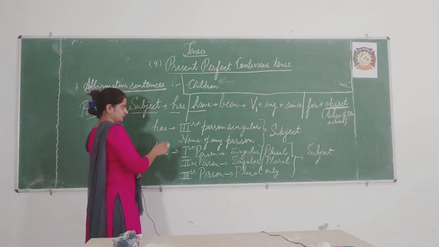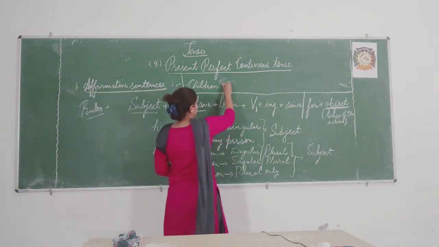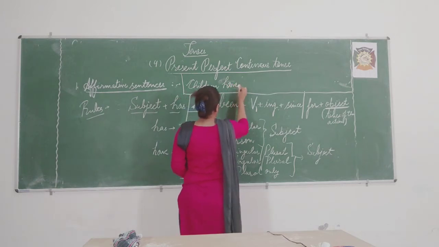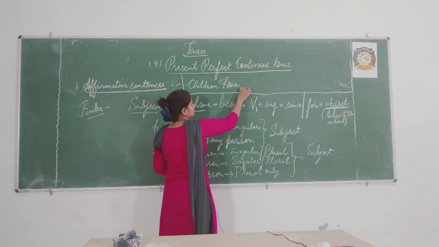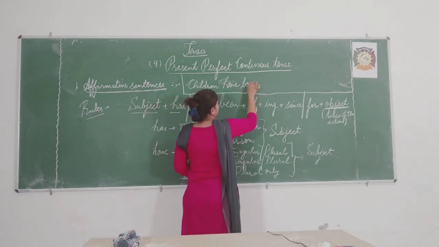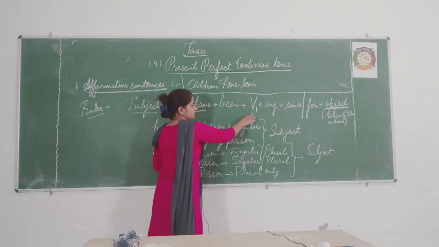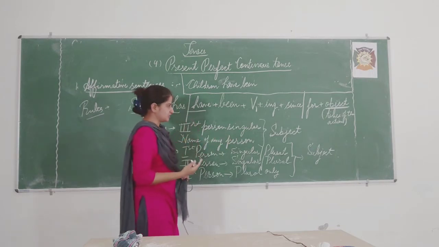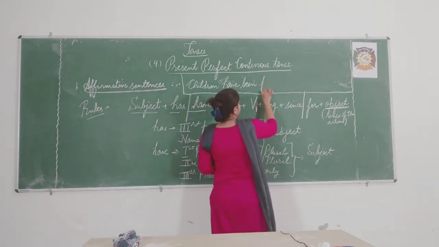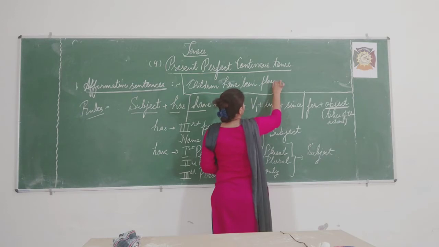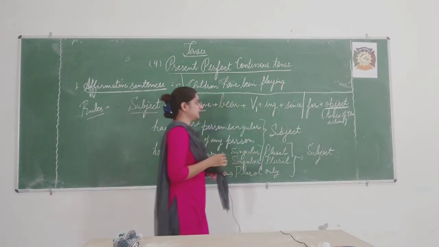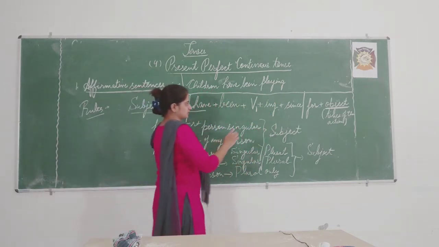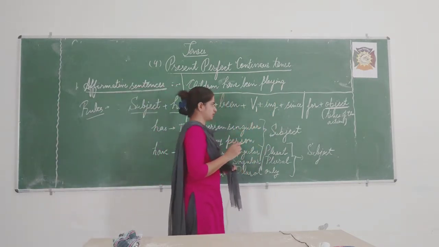As I have already told you, have. Children have. Next, according to the rule, been. Verb's first form plus ing: play is the first form of the verb, and I am going to add ing to it, playing, plus since or for.